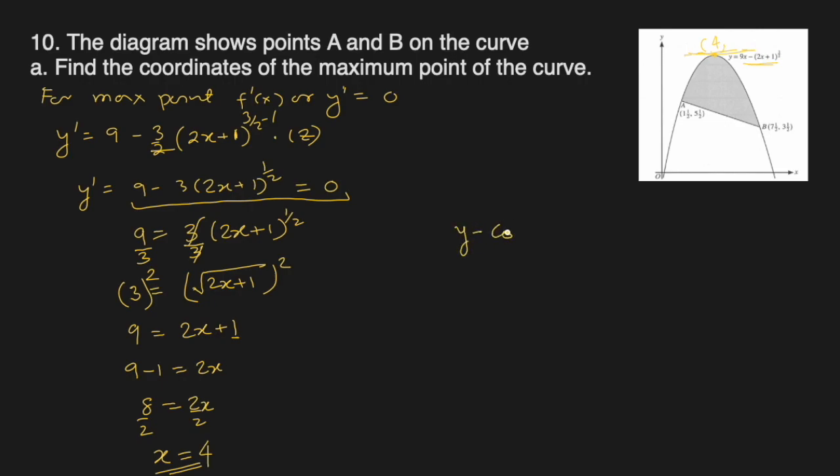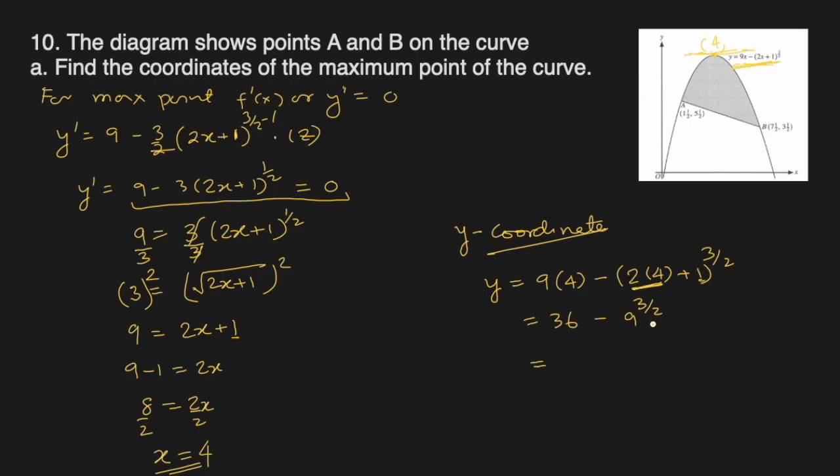To find the y coordinate, we substitute this 4 into the main equation of the curve, which is this one. So y equals 9 times 4, since x is 4 for us now, minus (2 times 4 plus 1) to the power 3 over 2. It is 36 minus (8 plus 1) to the power 3 over 2, that is 9 to the power 3 over 2.